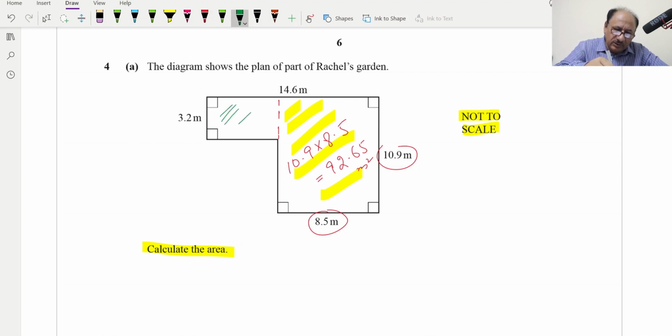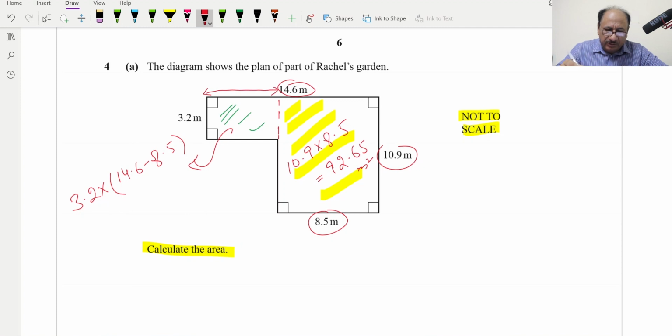Now we can calculate the area of this drawing, and the area of this one will be what? This will be 3.2 multiplied by 14.6 minus 8.5. So I will write from here 3.2 multiplied by 14.6 minus 8.5, because we need only this much length.